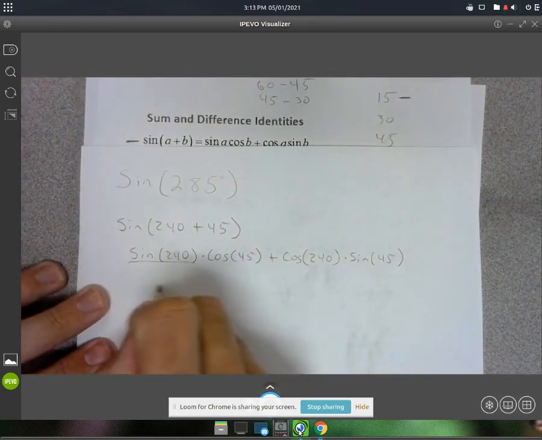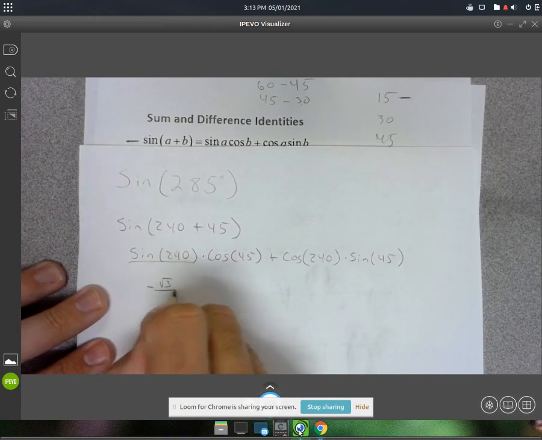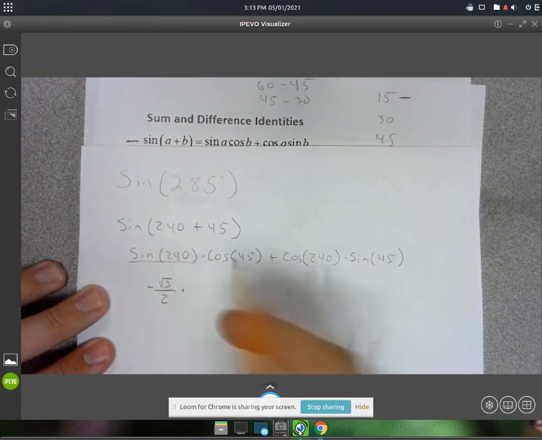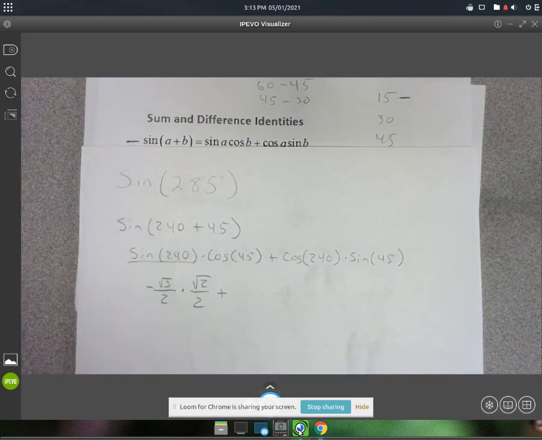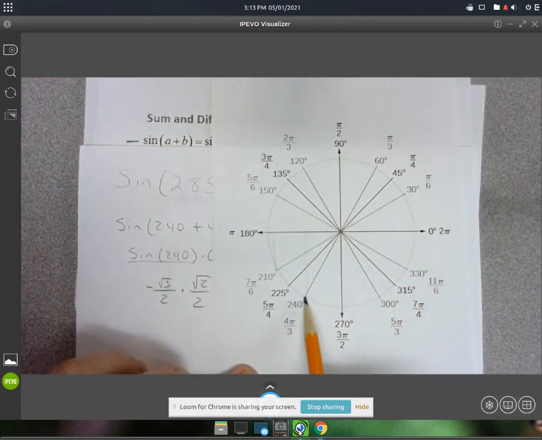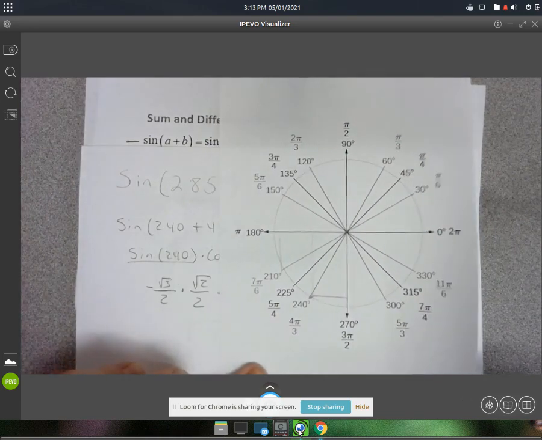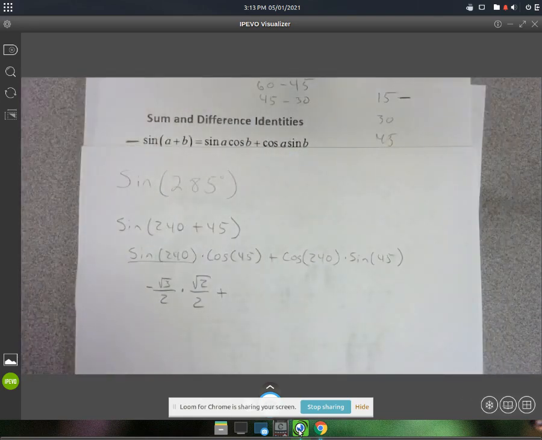So this will be a negative root 3 over 2. And then, of course, cosine of 45 is root 2 over 2. Now, cosine of 240 is also negative. That's how far to the left that is, which is 1/2, so it'll be negative 1/2.